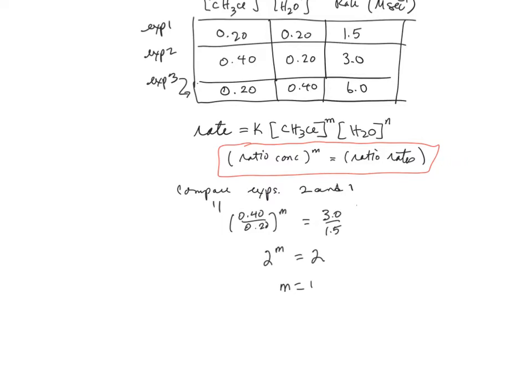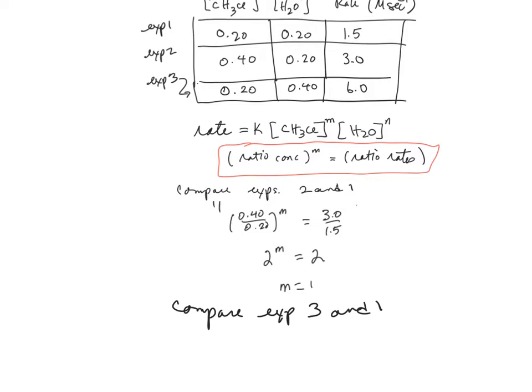Okay, so then the next step is to compare experiments. In this case, we can look at 3 and 1, because if you compare 3 and 1, then you have the chloromethane concentration the same, and you're doubling the water.